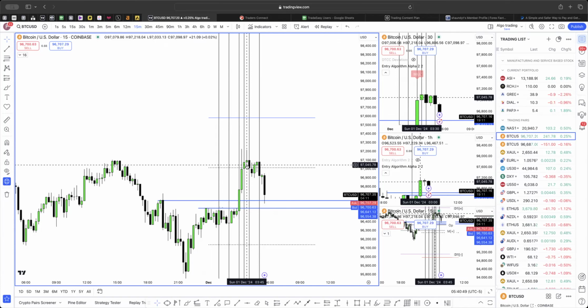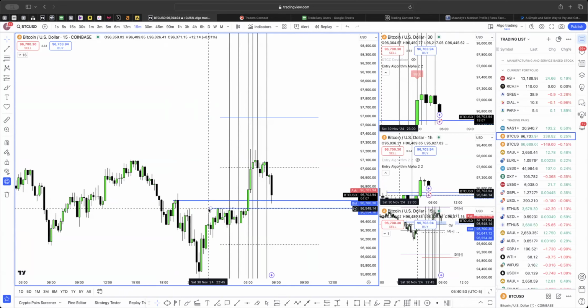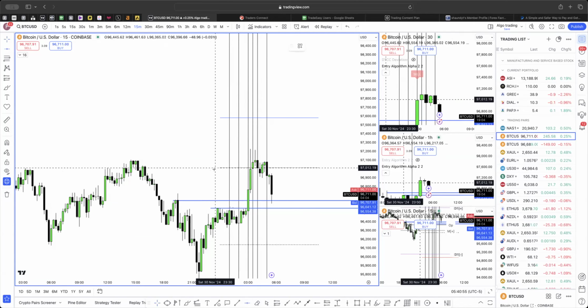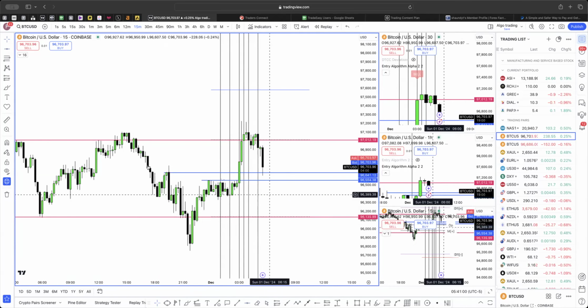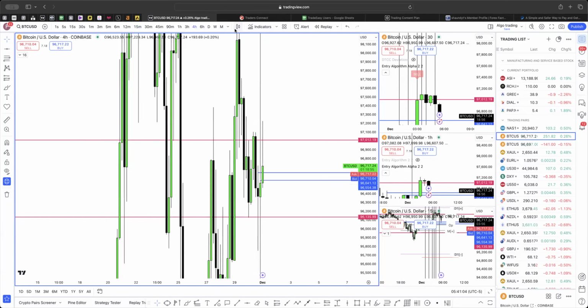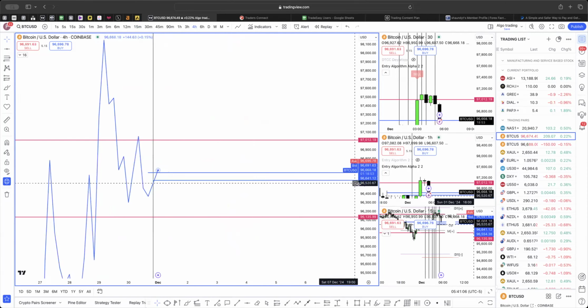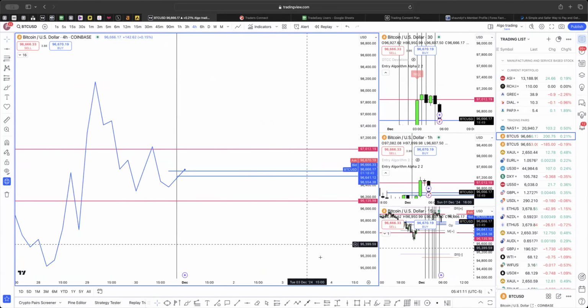Okay, now what you can do is convert this to a line chart. But before you convert it to a line chart, just draw the levels out because they're not going to remain the same when you switch time frames. The red lines are your manipulation levels. So you go to the 4-hour, go to a line chart, and now we're going to see, okay, where's my SNR level?